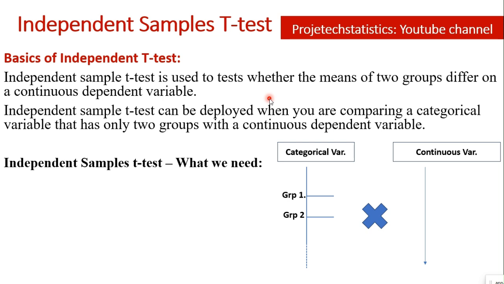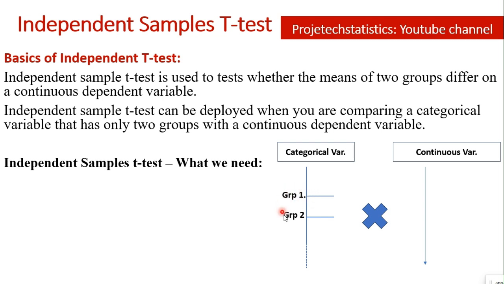The independent sample t-test can be deployed when you are comparing a categorical variable that has only two groups with a continuous dependent variable. I have a diagram here to explain. This is a categorical variable that has two groups, and it must be only two groups if you must use independent sample t-test.